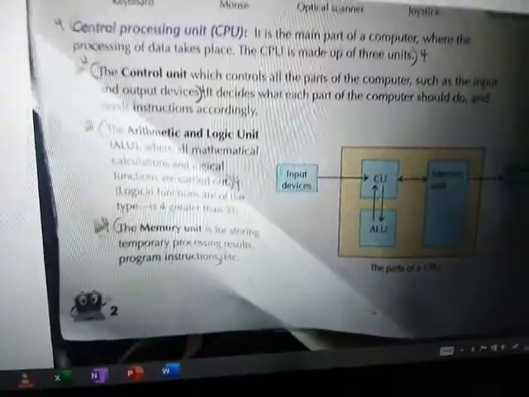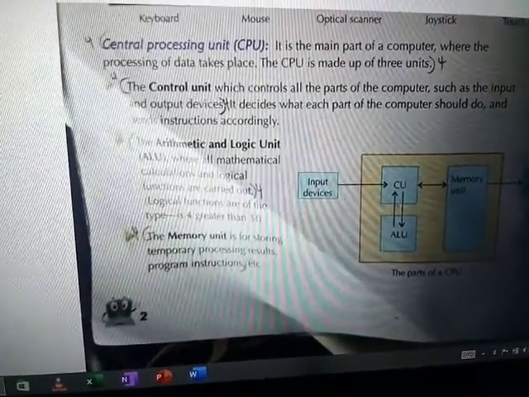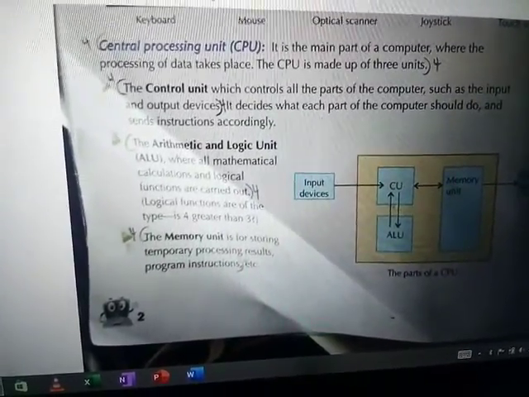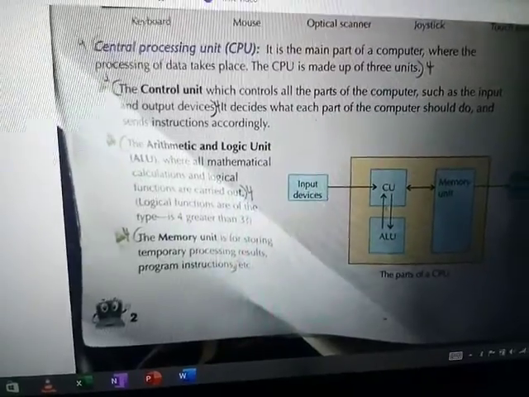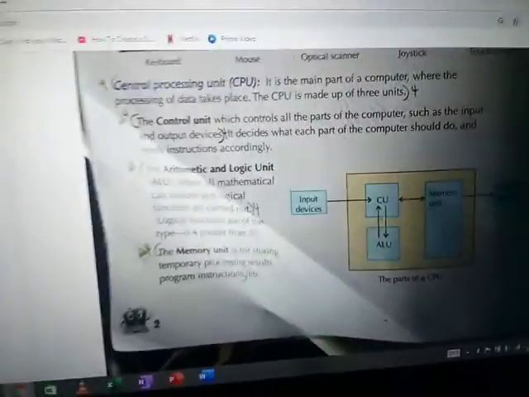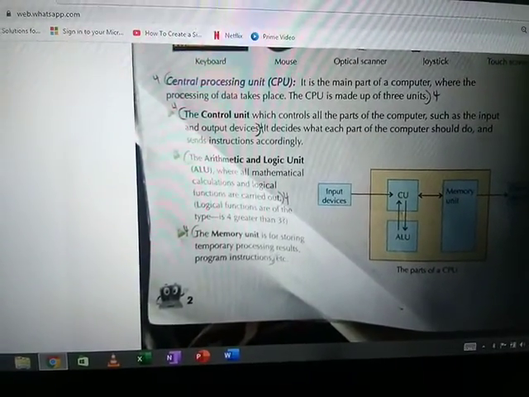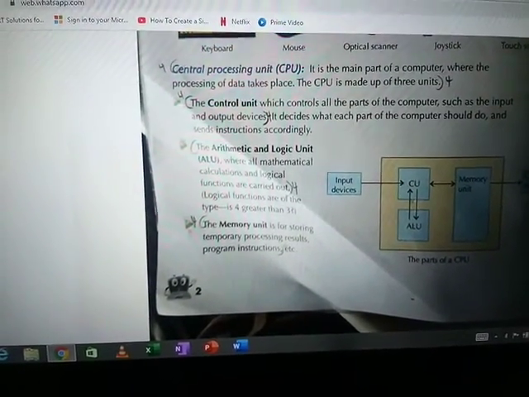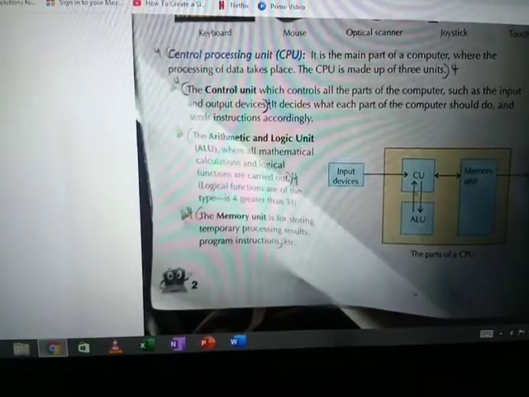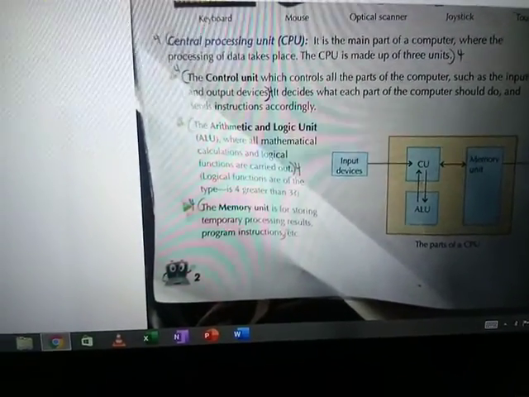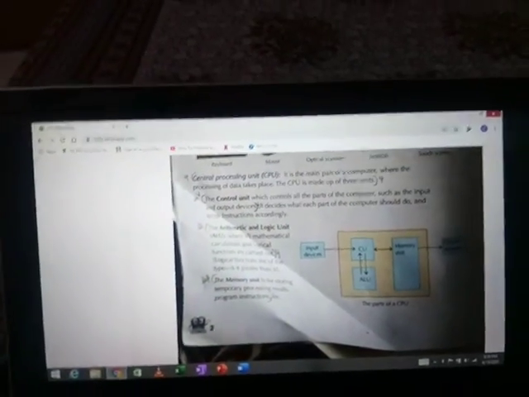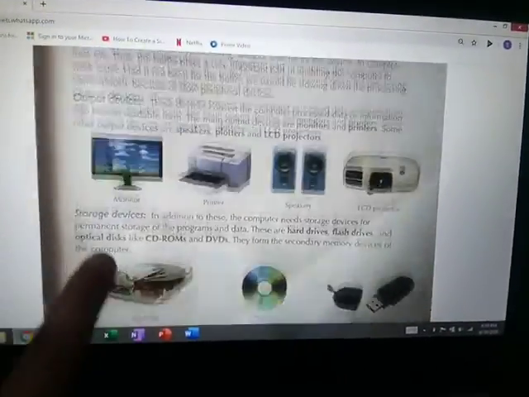Those are data. You can store the data in a computer. So a CPU is made up of how many parts? Three parts. The control unit controls the computer. The arithmetic logical unit performs mathematical calculations. The memory unit stores the data. That's all.